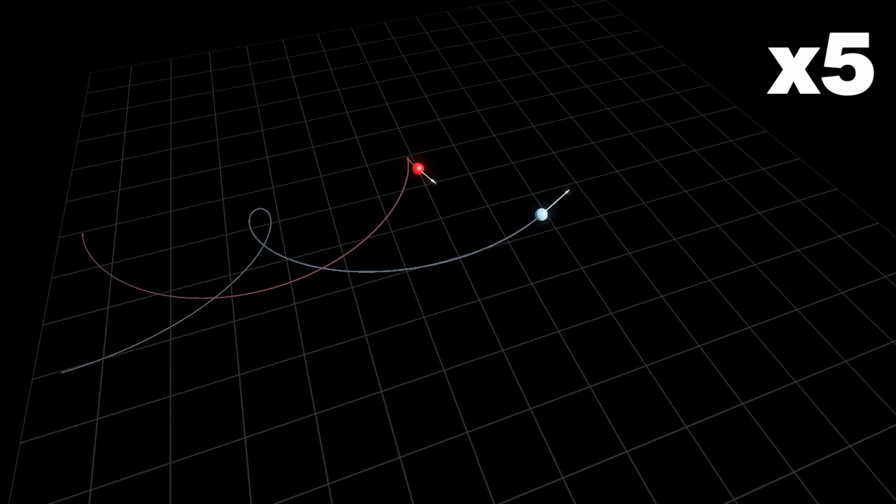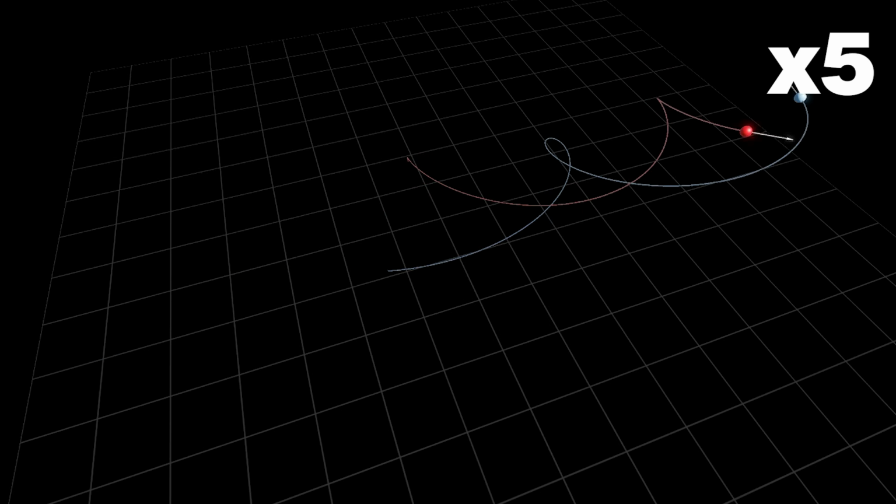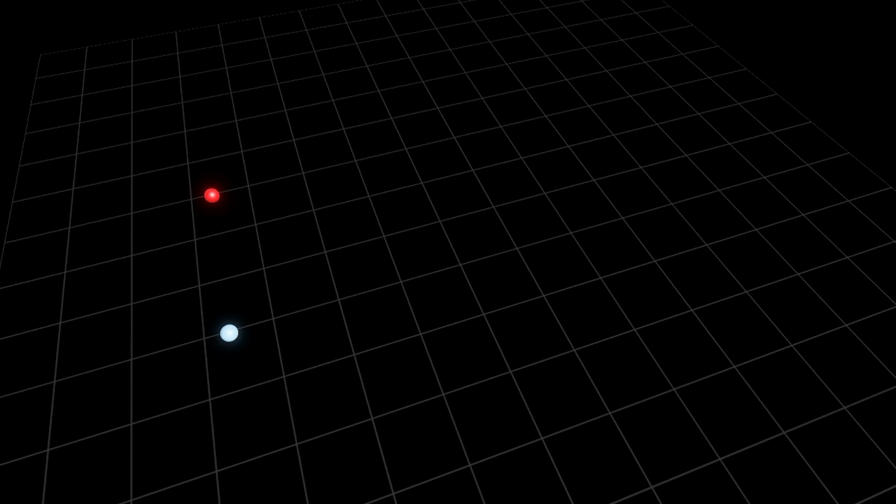Let's add some velocity that is perpendicular to the direction to one of the bodies. They orbit each other, and you can see the whole system moving through space. Let's try to make the mass of one of the bodies larger.